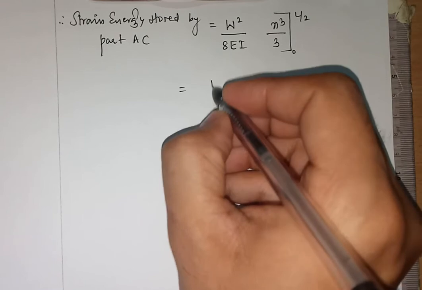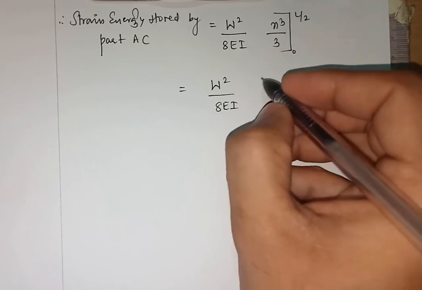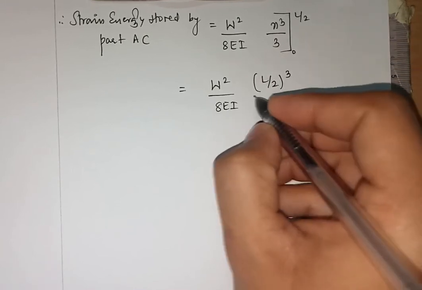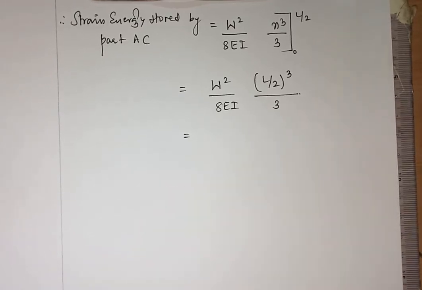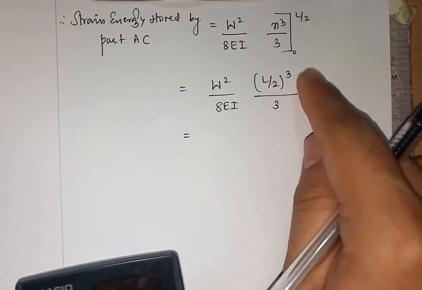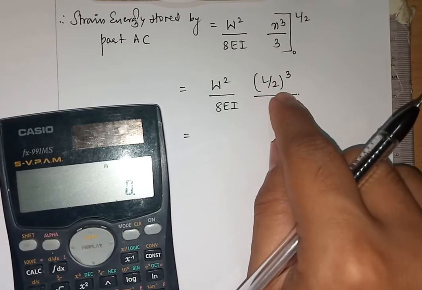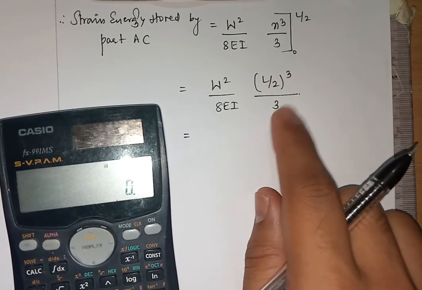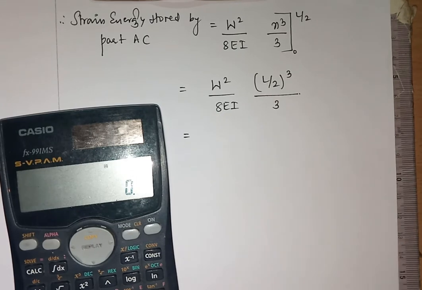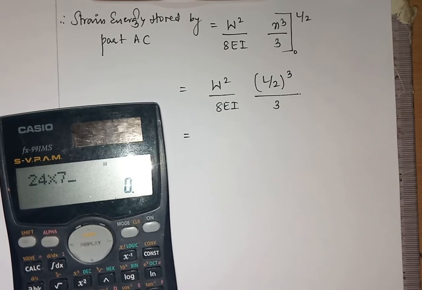If I substitute, W square divided by 8 EI, now x cube will be L by 2 the whole cube divided by 3. How much will that be? 2 cube will be 8, and it comes down to the denominator. Try to understand, 1 by 2 cube will be 1 by 8, that 1 by 8 into this 3 will be 1 by 24, so 1 by 24 into 1 by 8, so it is 24 into 8.